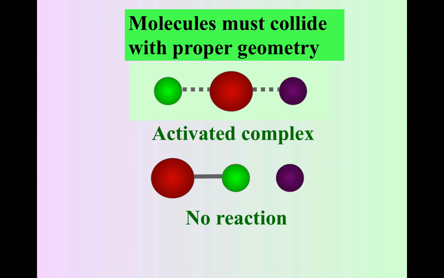So anytime you make a situation where a collision has to occur with a particular orientation, you're slowing the reaction up. So a lot of reactions go really slowly because you have to hit in just the right way in order for the reaction to occur. A lot of times enzymes speed up reactions because they hold molecules in a particular orientation. So you get more effective collisions for that reaction.